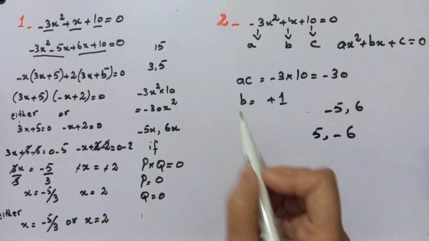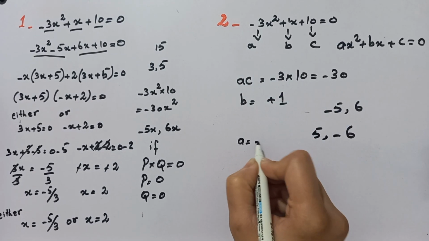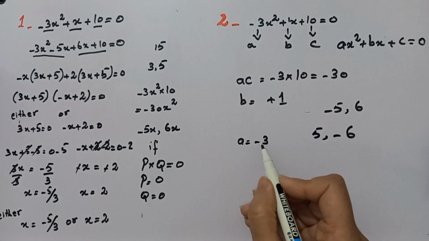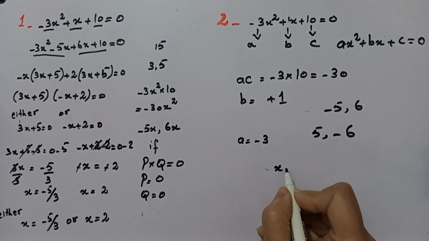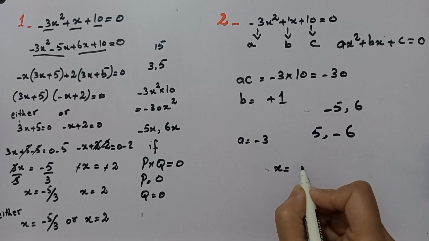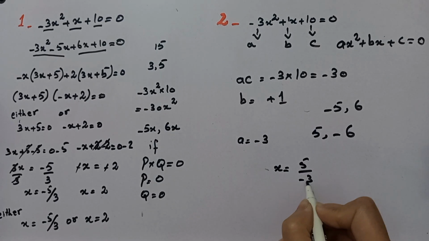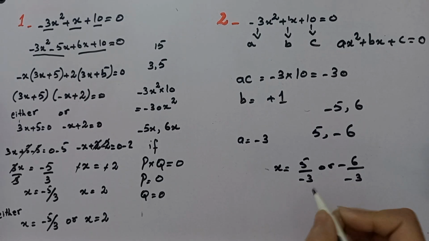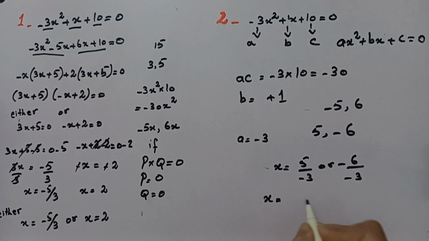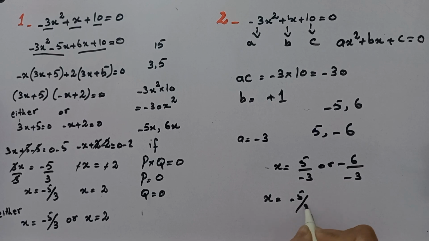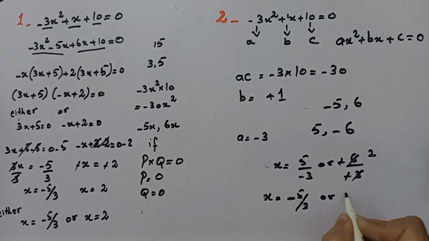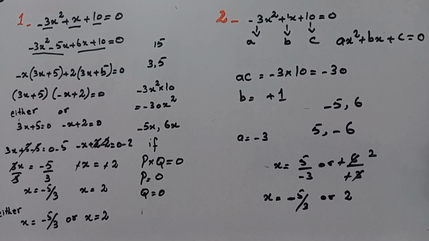And then a here is minus 3. We divide these two factors by minus 3. So we have x equals 5 upon minus 3 or minus 6 upon minus 3. So x equals minus 5 upon 3 or plus 2, which is the solution.